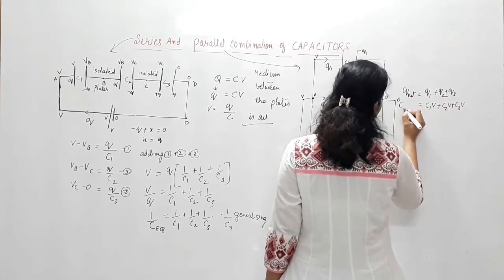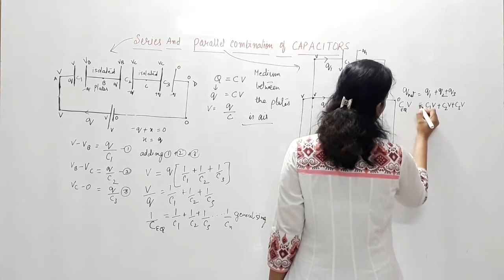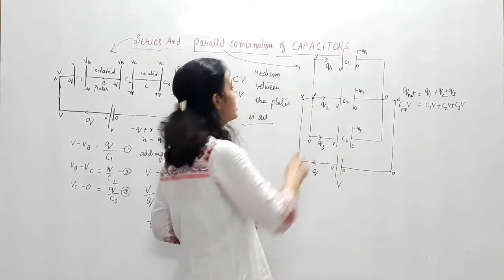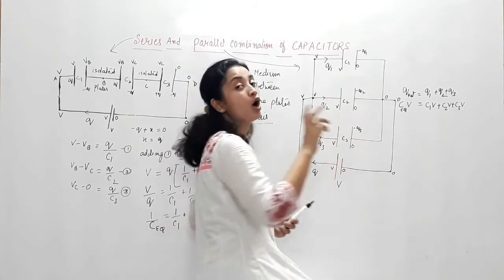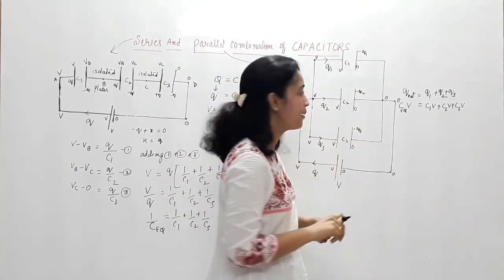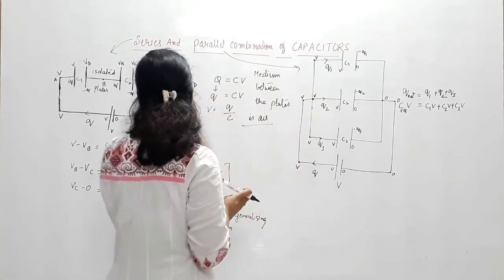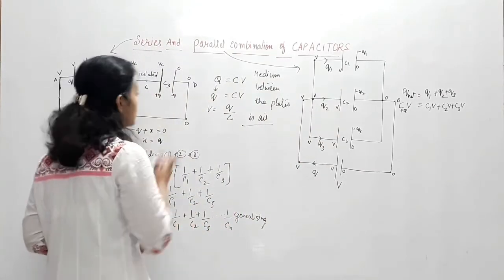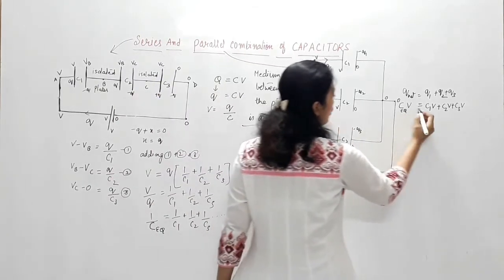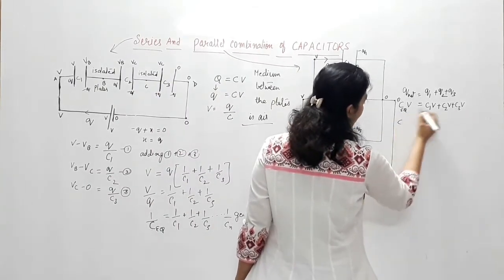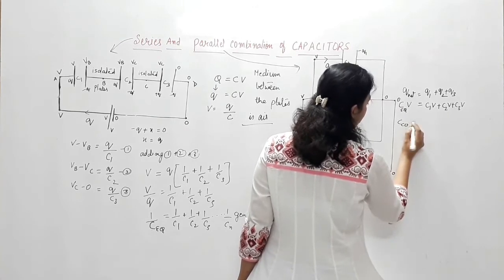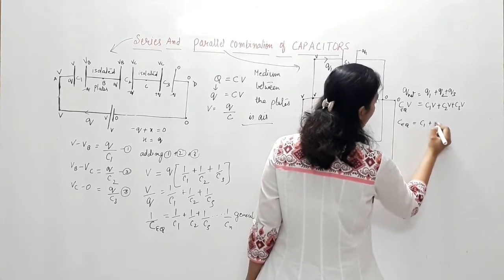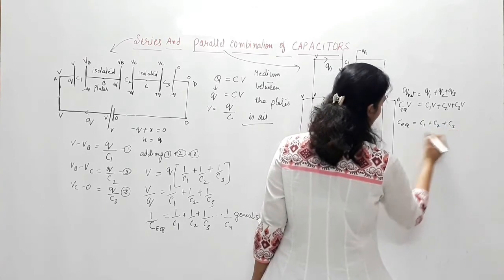And this is C equivalent into V. Why have I not written V1, V2, V3? Obviously because the potential difference in parallel combination remains the same. It is the charge which gets distributed, whereas in series it is the potential which gets distributed and charge remains the same. So taking V common, V gets cancelled, and we get C equivalent is equal to C1 plus C2 plus C3.